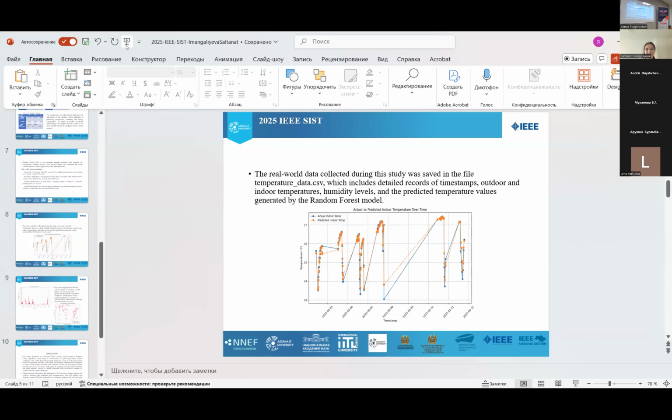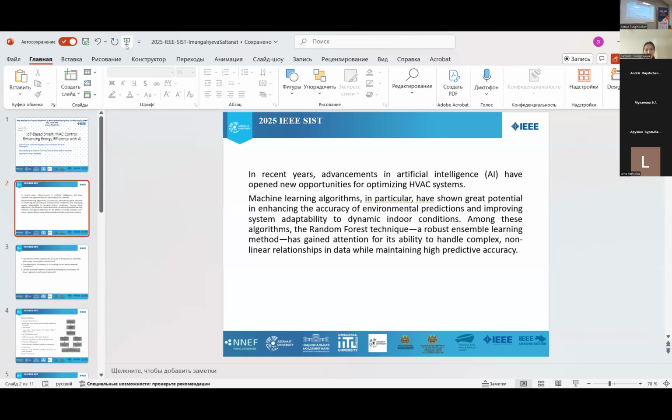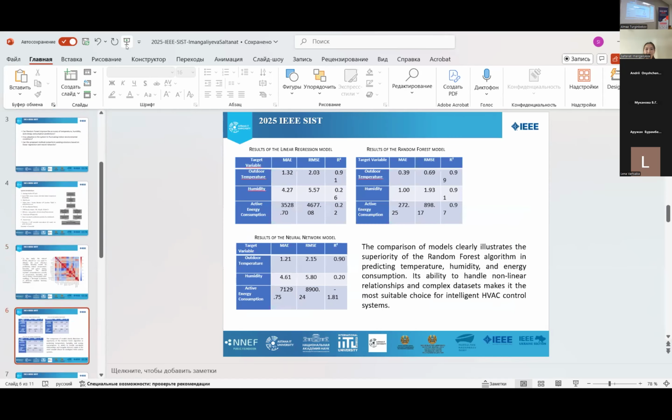As for Q&A, I wanted to ask, why did you choose exactly these three models or algorithms? What was the motivation behind selecting those? Yeah, I have only one system that I need to control.